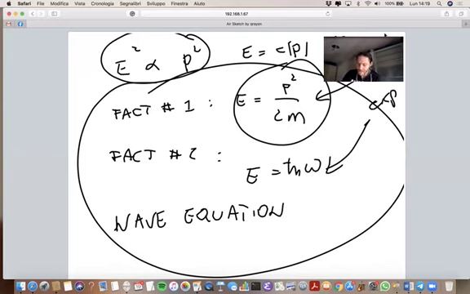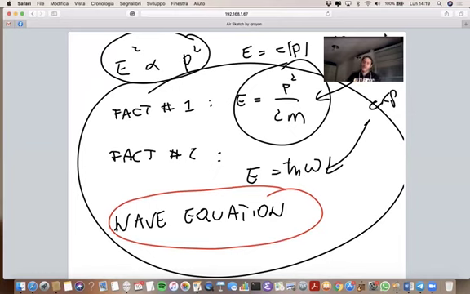So what we are left to do is to modify this equation. Maybe there's another equation which has wave solutions, yet is consistent with fact number 1 and fact number 2.